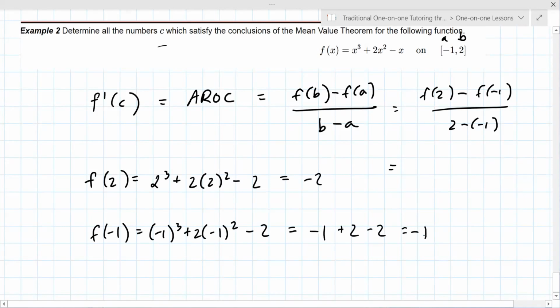So that's also -1. Wait a second here. This first number is not right. It's 8 plus 8 is 14. Minus 2. Okay. This isn't right either. Is it?